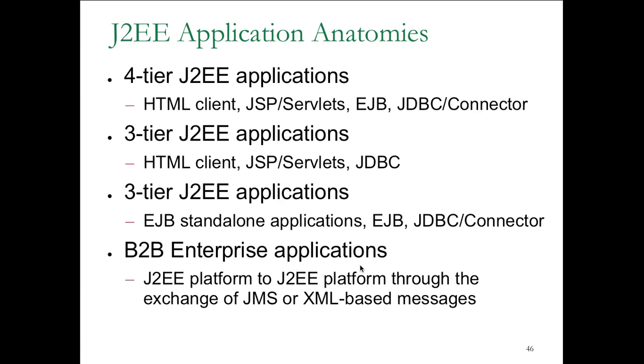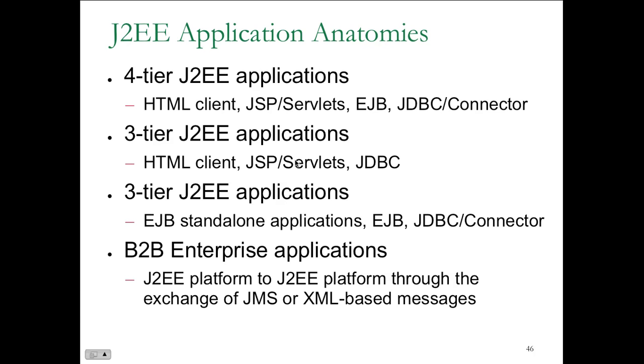So 4-tier J2EE applications exist with HTML clients that go through JSP servlets and that use JavaBeans that go through JDBC and connector. In the Java EE course, if you take that course, this is what we're going to be working a lot with, using these technologies together to create this 4-tier type of application.